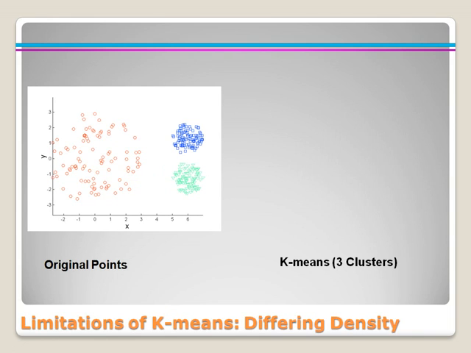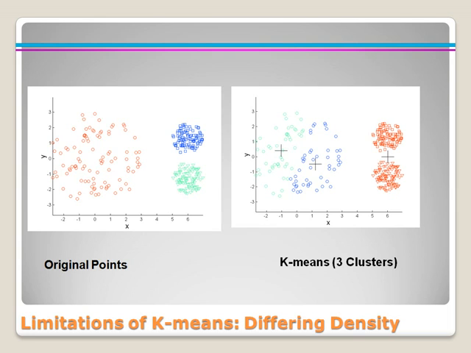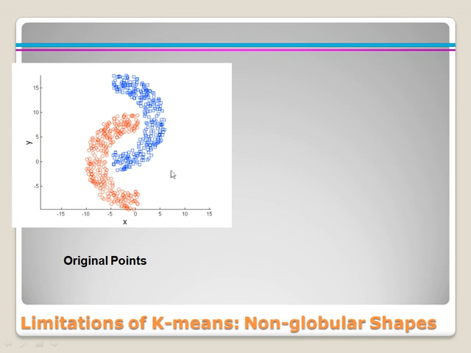This is another problem. You can see how k-means solves it. It found the centroids and divided the data. This is one cluster, second cluster, and this is the third cluster, whereas the right solution should be this one cluster, second cluster, and third cluster. Another type of problem is with shapes. When we have globular shapes, k-means will not work right.